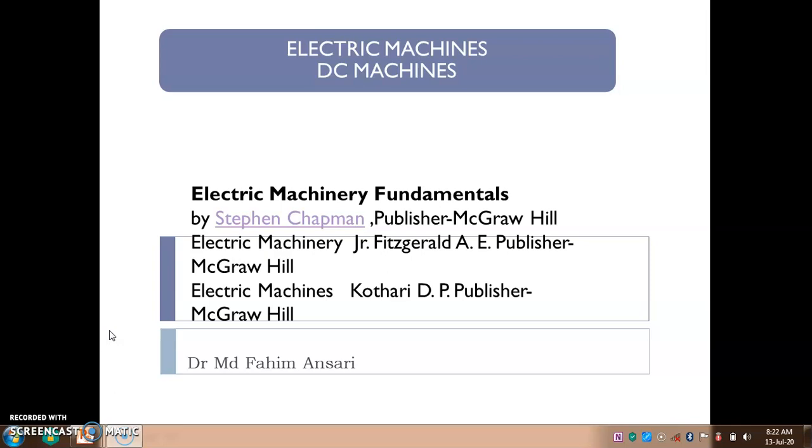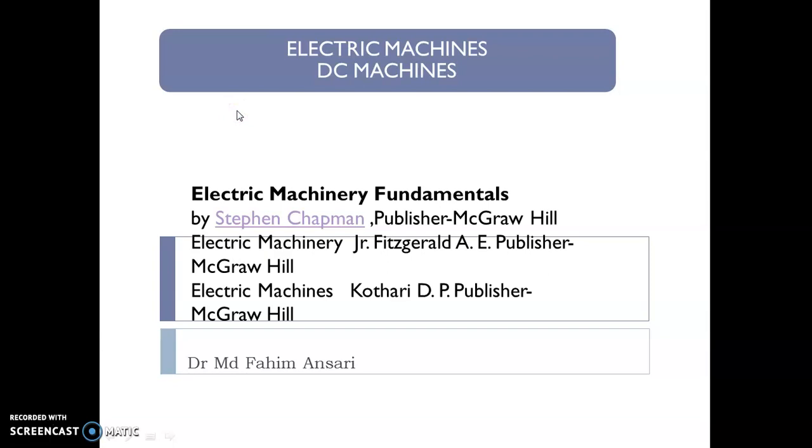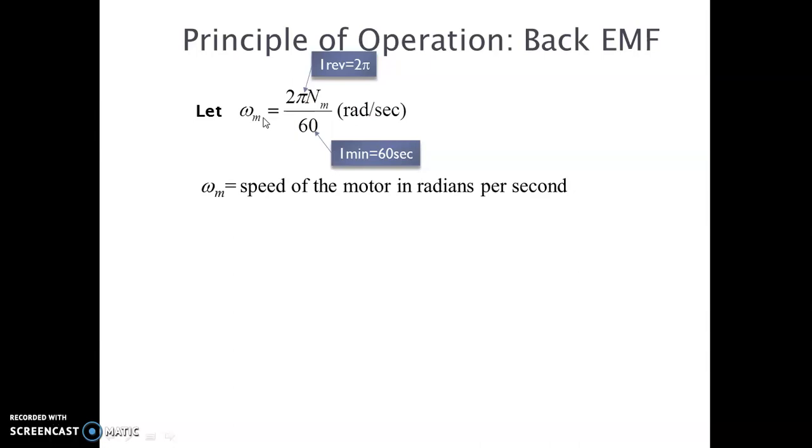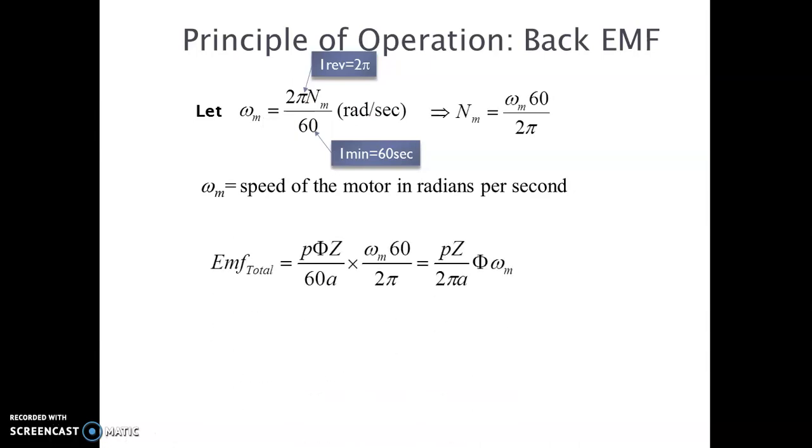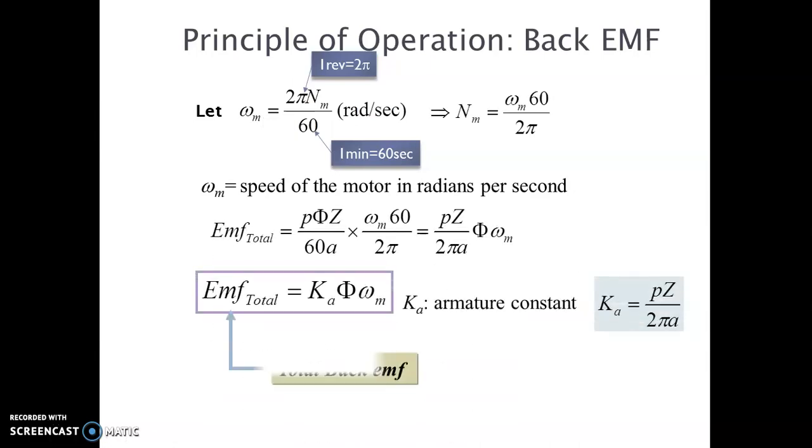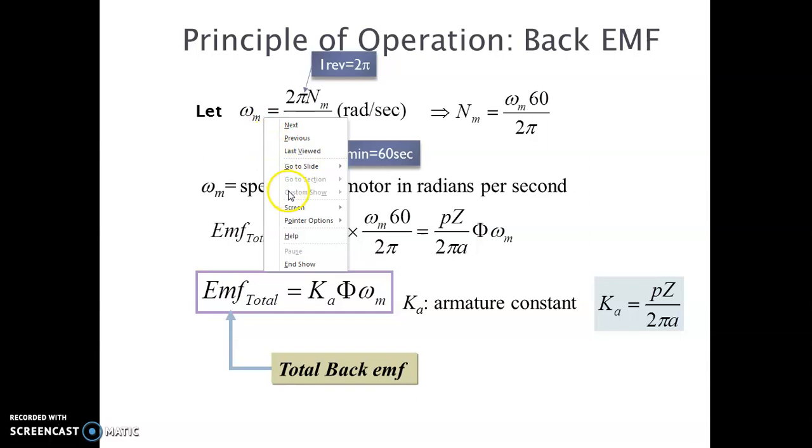So today my topic is to discuss how torque is generated and what is the expression of torque of a DC machine. This relation, related to the induced EMF, we already discussed in the previous lecture.